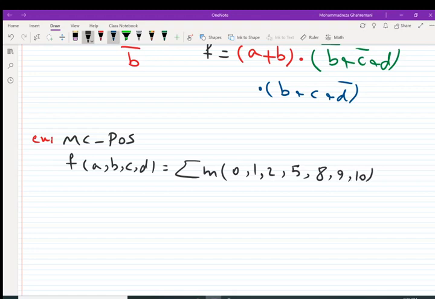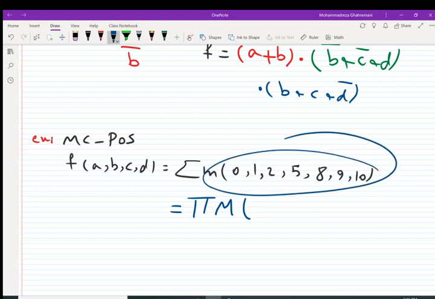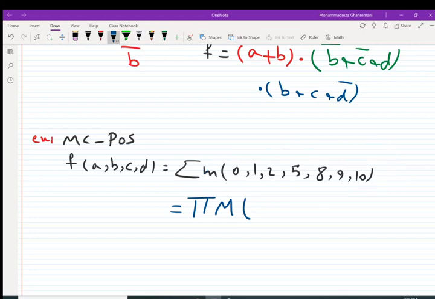Of course, we know that the sigma of min terms is equal to the product of the max terms which are not like these numbers. Okay, so we can say the product of max terms of 3, 4, 6, 7, 11, 12, 13, 14, and 15.